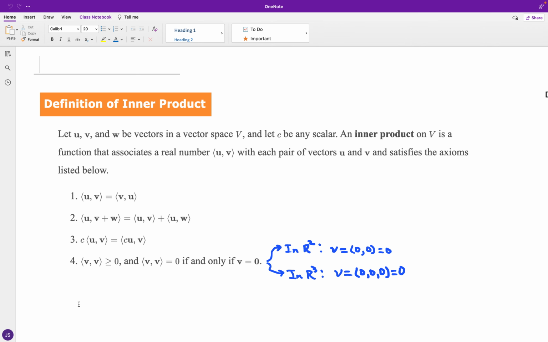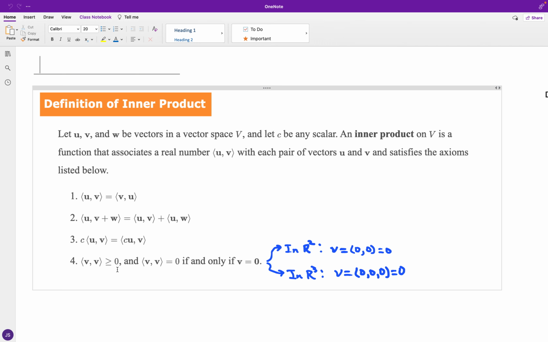In R2, v equal to 0 means v is 0, 0. The first 0 refers to the first component, v sub 1, and the second 0 refers to the second component, v sub 2.